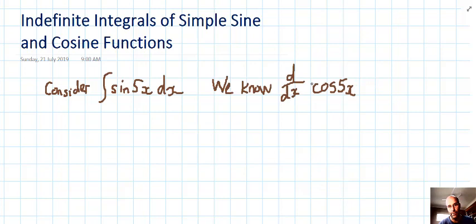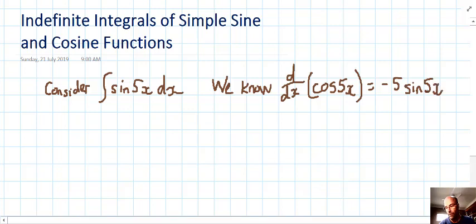Well, we know that the derivative with regards to x of cos 5x is negative 5 sine 5x from our previous work. Now, the answer to this integral is not cos 5x. So it's not that straightforward.